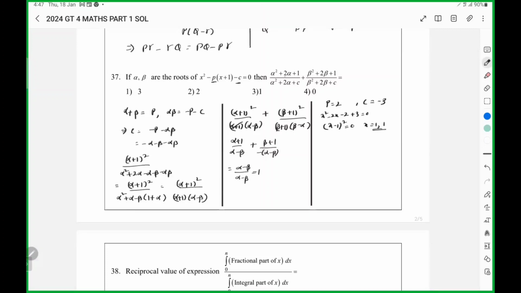Both roots are the same, then substitute alpha as 1: 4 by 3 plus C is minus 3. So let us have distinct roots then.